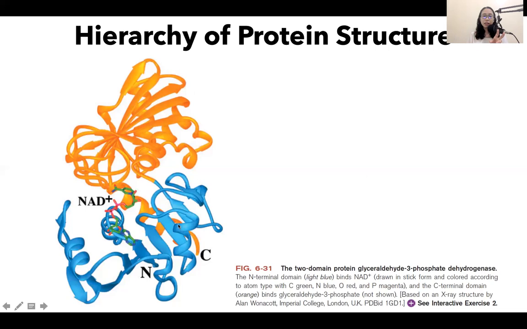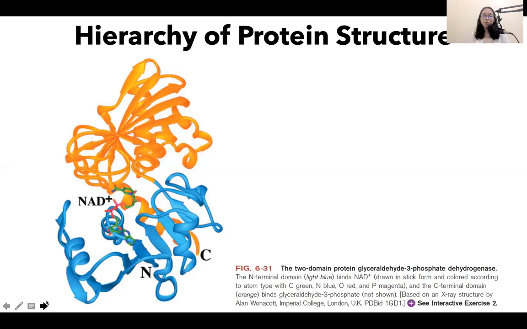Essentially, this enzyme has one function, which is to add a phosphate group to glyceraldehyde 3 phosphate. But it needs NAD in performing this function, and it needs its substrate. So you have compartmentalization in the protein. One domain binds the substrate, another domain binds the cofactor essential to the function of the protein.